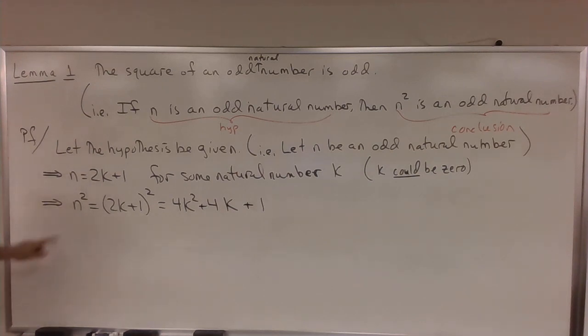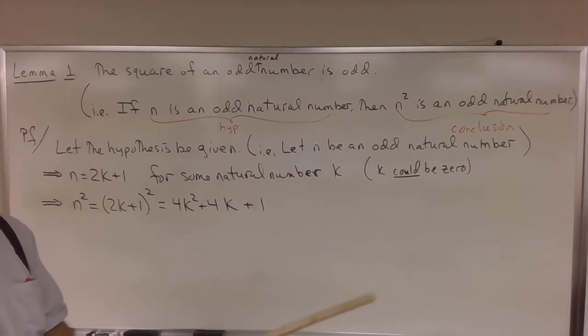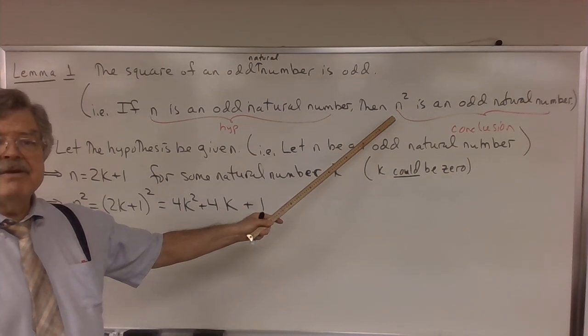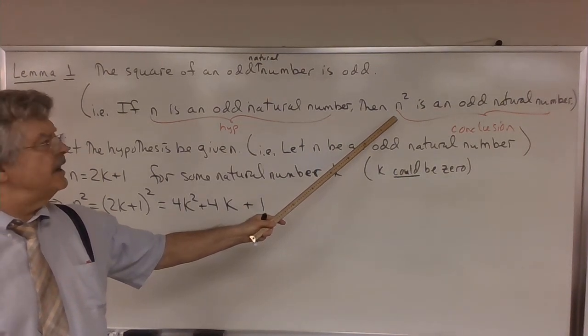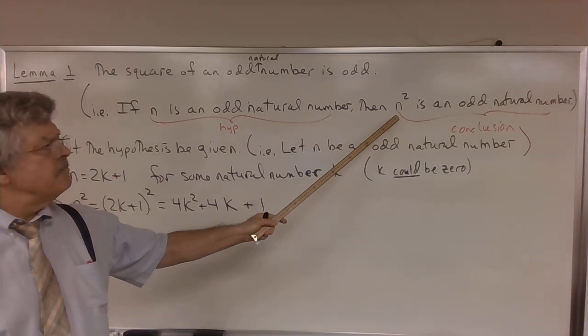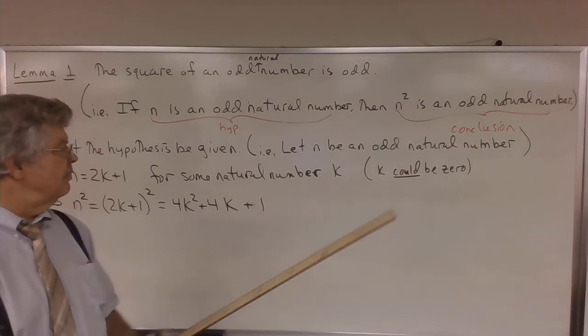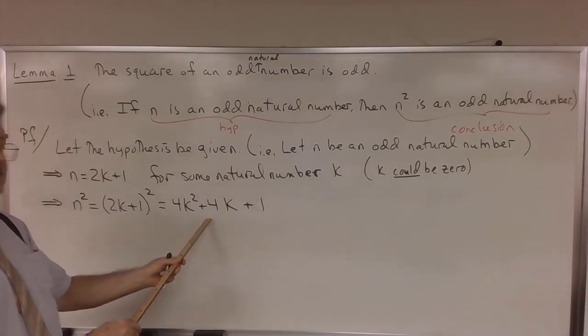So that's what n squared looks like. Now, before I panic, let me take a look back up here and see what it was that I was trying to show. I'm trying to show that n squared is an odd natural number. Well, here's n squared right here.